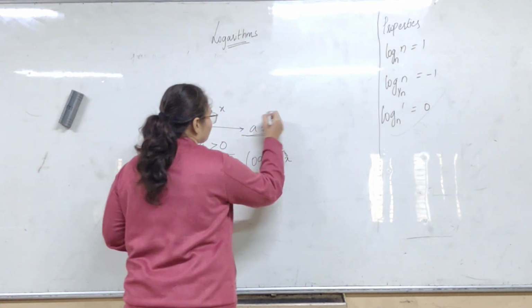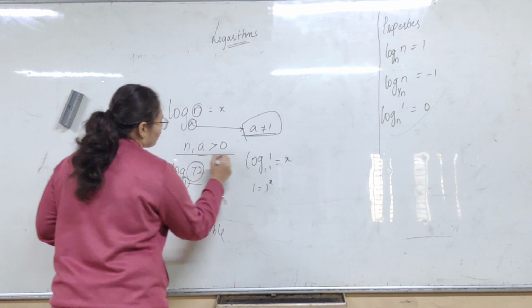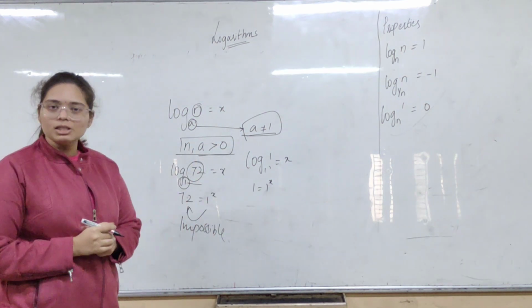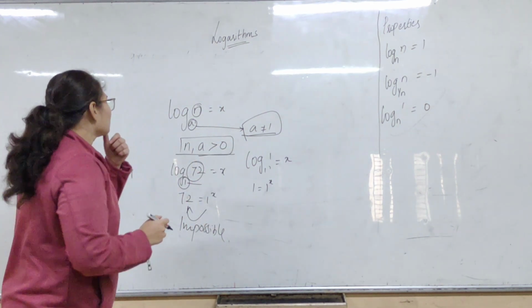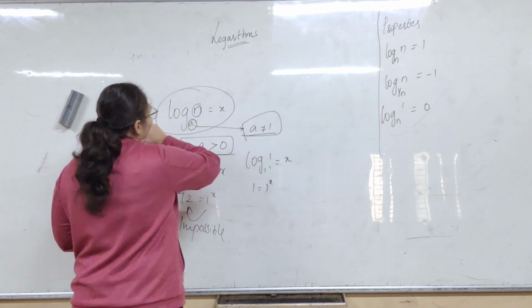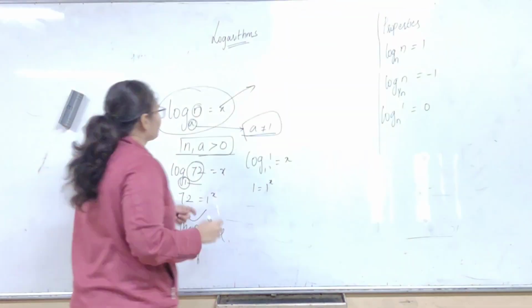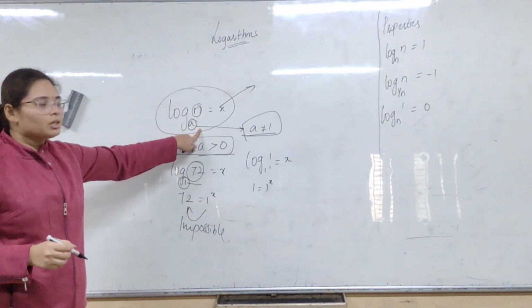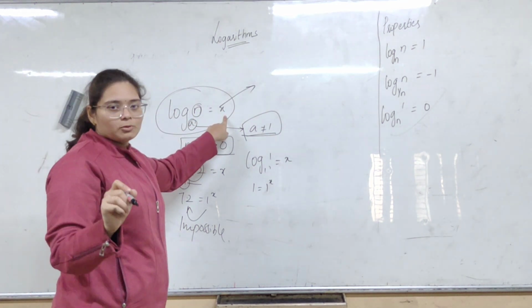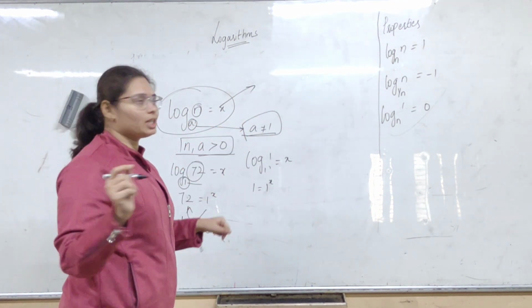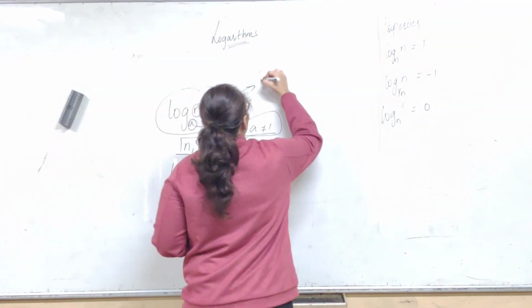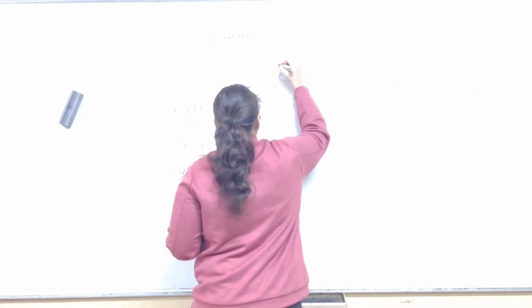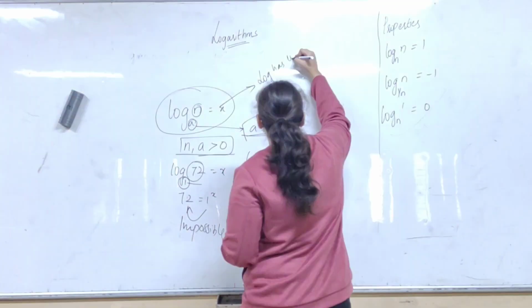So a should never be equals to 1 and n and a should always be greater than 0. Right? And the logarithm value should always be distinct. Means if n and a are fixed, then the value should always be fixed. It should never change. Right? So log has a unique value.